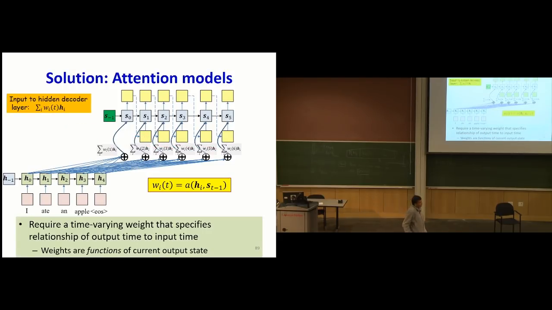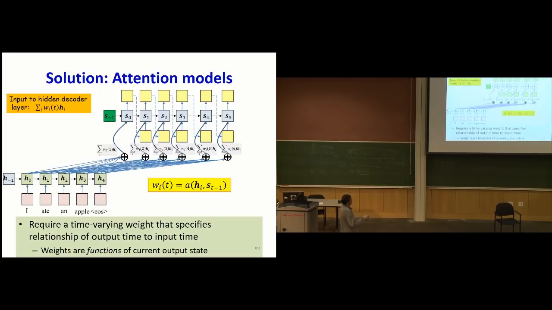The way we will do it is to make these weights a function of the current state. What do I mean by that? Let's say I'm trying to produce the word gegessen. The state over here is going to say that I've already produced information relating to the word apple, Apfel.